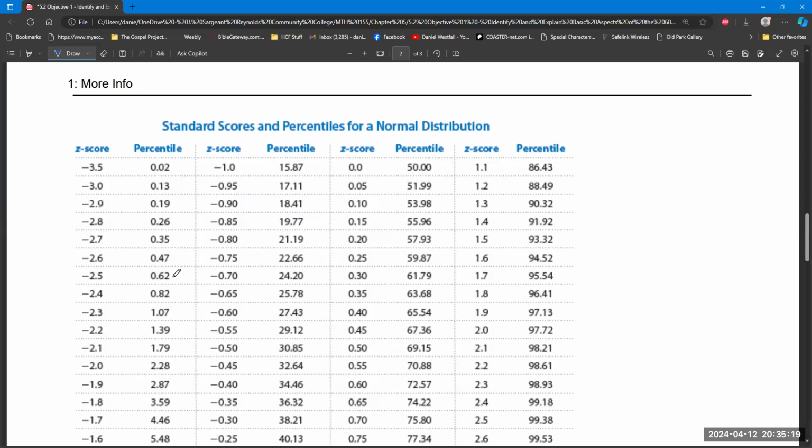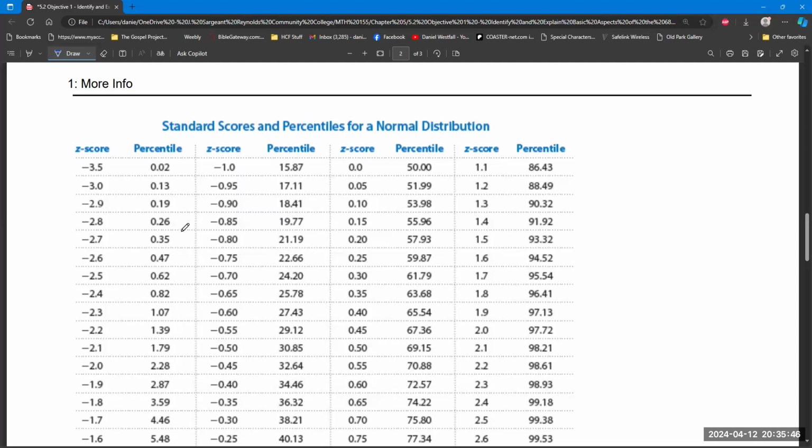Another way that the table can report those values to you is just as a probability between 0 and 1. That's not a percent, but they'll give you 4 decimal places of precision, which is exactly the same thing as getting to the nearest hundredth of a percent. You just multiply by 100%, move that decimal point 2 places, add your percent sign, and you have a percentile instead of a probability.